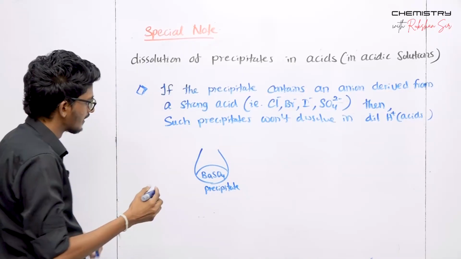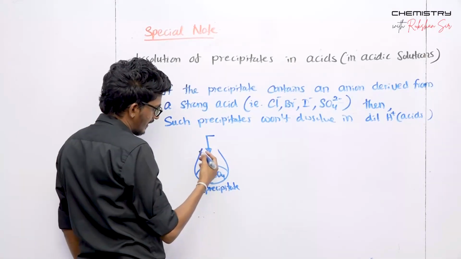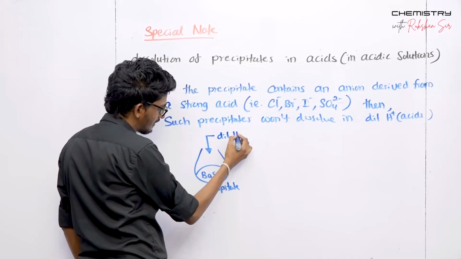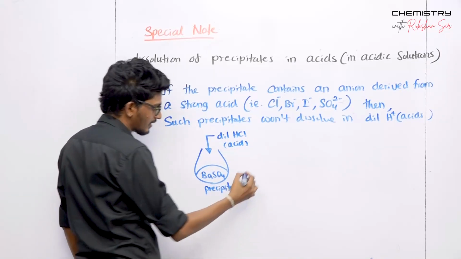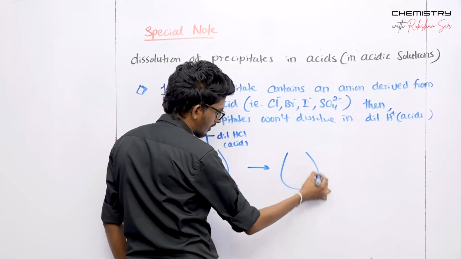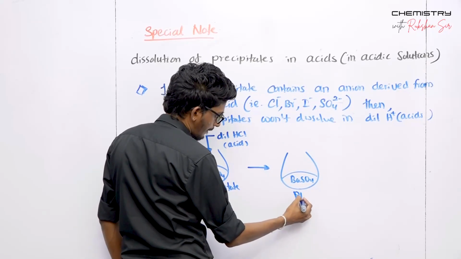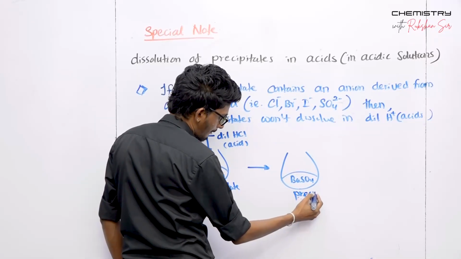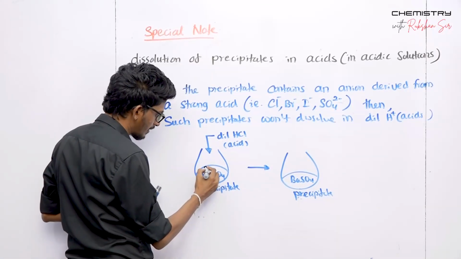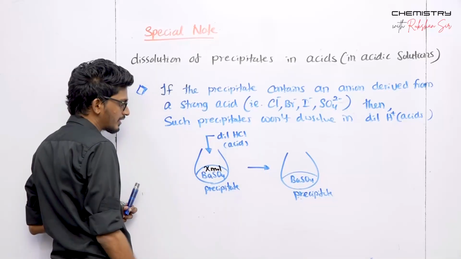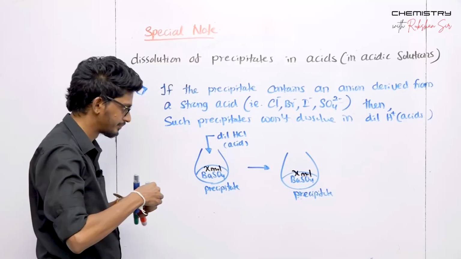The idea is, if you add some acid, say HCl, this point says the precipitate won't dissolve. So if earlier you had X moles of barium sulfate precipitate, after the addition of dil acid, still X moles remain. Precipitate won't dissolve. That's what it says.